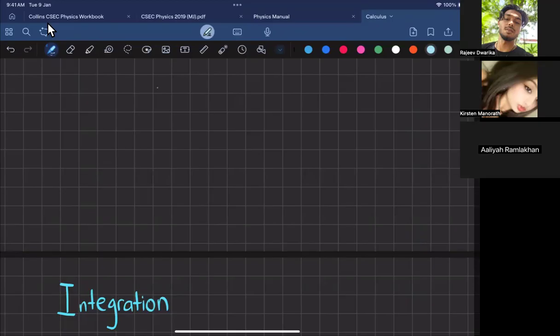Oh, wait, to differentiate 5x squared for me. How would you differentiate 5x squared? It would be 10x.